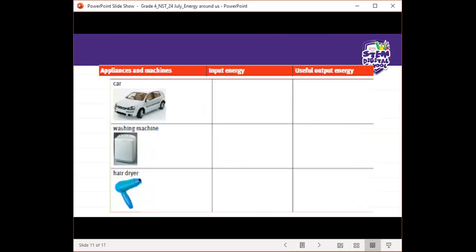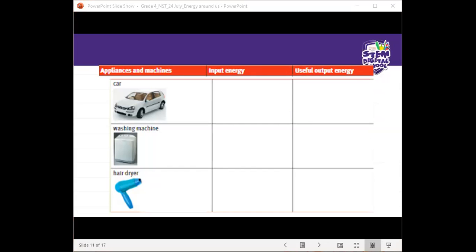Okay. Next machine, we have a car. What is the input energy for a car, as well as the useful output energy? Input energy for the car. All right. Kiara?